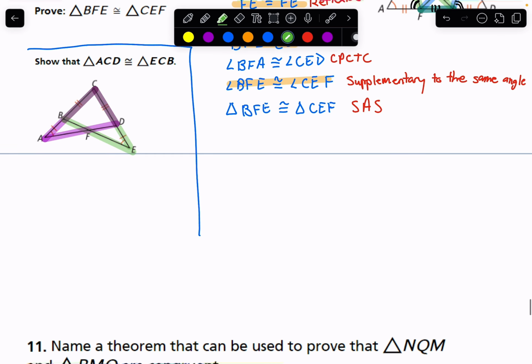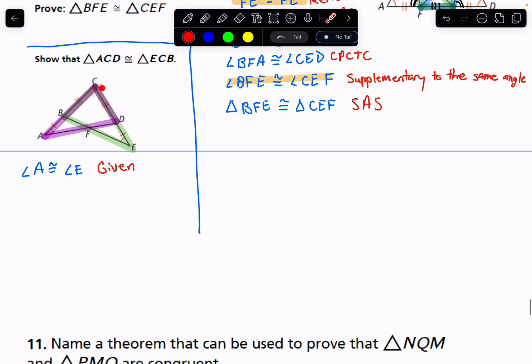Let's think about what we already know and what's marked out here. I first notice I've got some congruent angles, and they happen to be 1 angle of the purple triangle and 1 angle of the green triangle. So angle A, I can say that because it's the only angle with vertex A, is congruent to angle E. That's been given. What else do I see here? Ooh, C. There's a clue. Take a look at this angle up here.